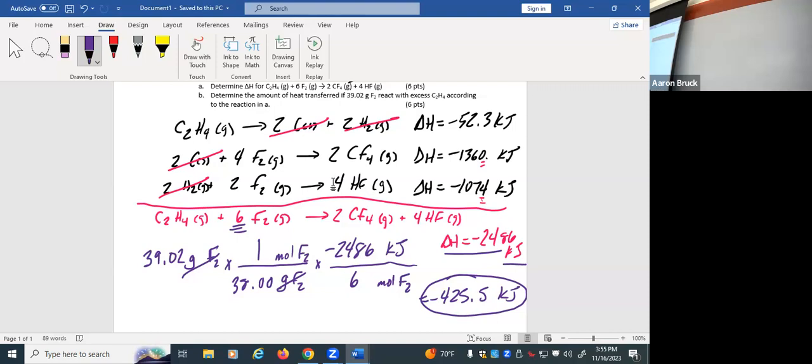Turn the grams into moles, and then you use the balanced chemical equation to turn the moles into energy. And you treat it kind of like any other stoichiometry conversion. So in some ways, you can kind of think of this as a different kind of mole to mole conversion that you did in stoichiometry. This number of moles equals this number of energy. Pull it directly from the balanced chemical equation and the heat of reaction that you're getting.